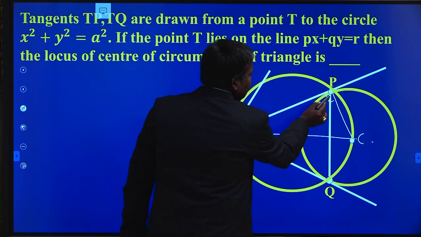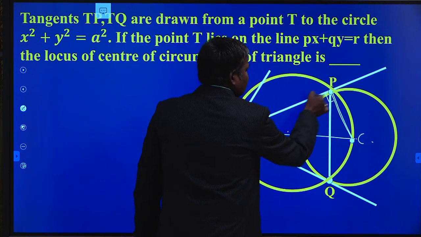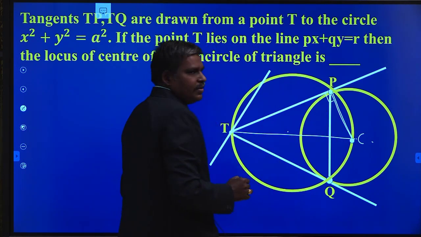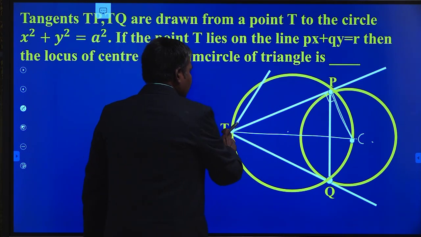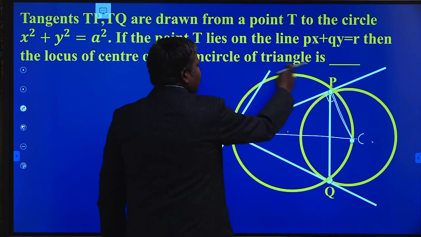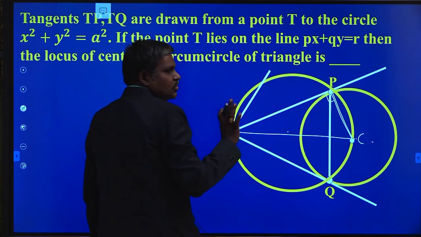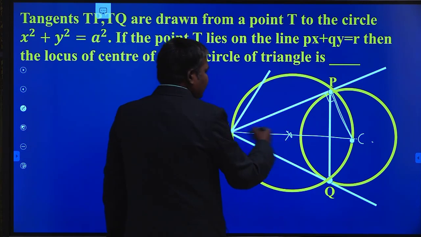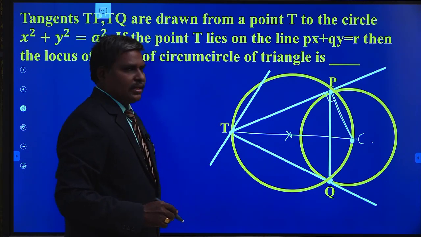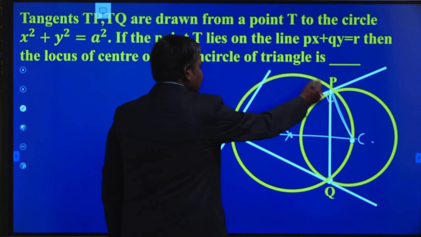First of all, you join CTP. This is the corresponding tangent. The angle between them is always 90 degrees. Therefore, CT is the diameter of the circle. T is a variable point. Remember. So, the midpoint of TC is the center of the circumcircle, the center of this circumcircle TCQ.